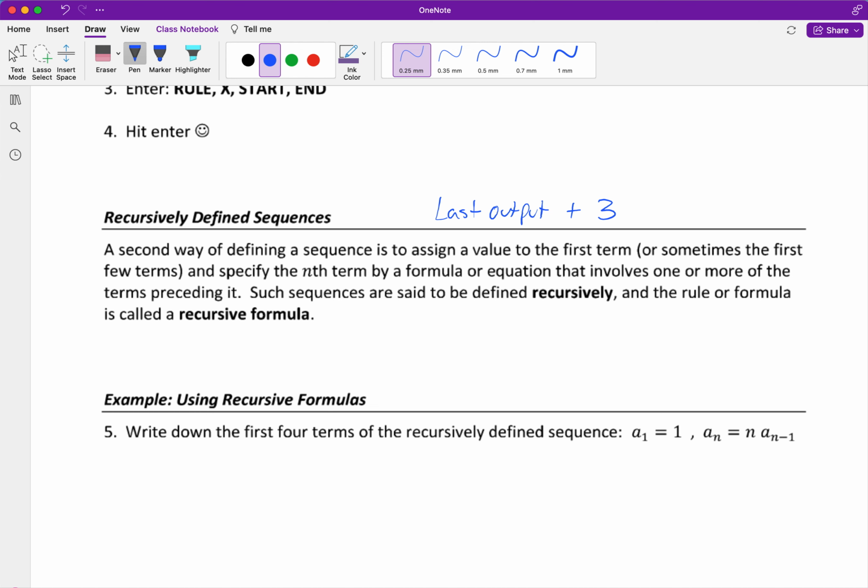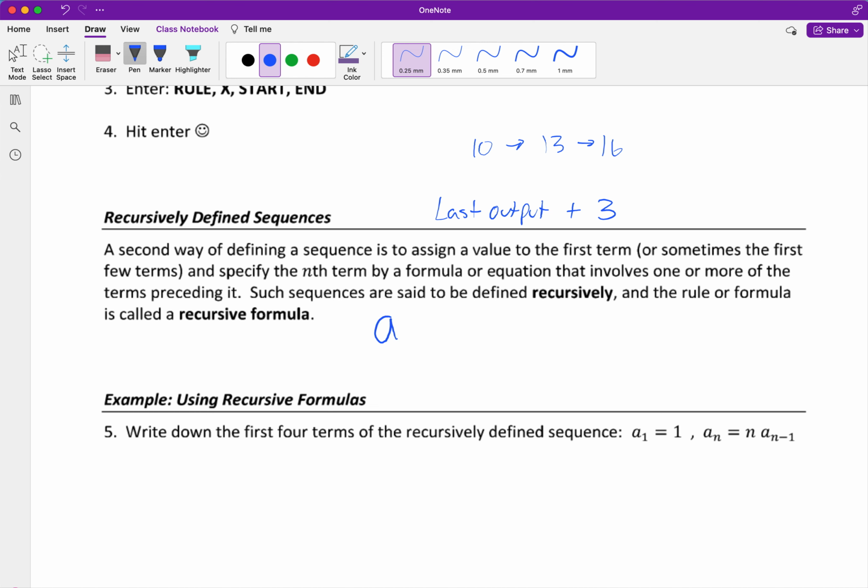So this is a really easy one. Let's say that our previous output was 10. Well, then our next one would be 13. And now if we use the rule again, it says, hey, take your last output, which is now 13, and add 3 to that. We would get 16, and so on.